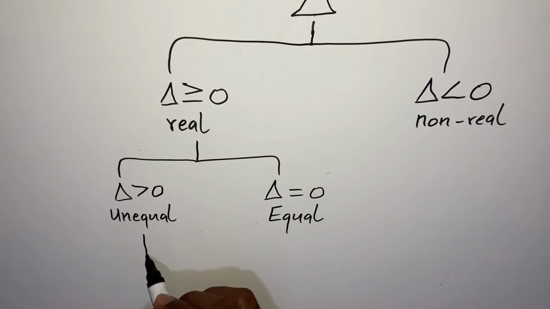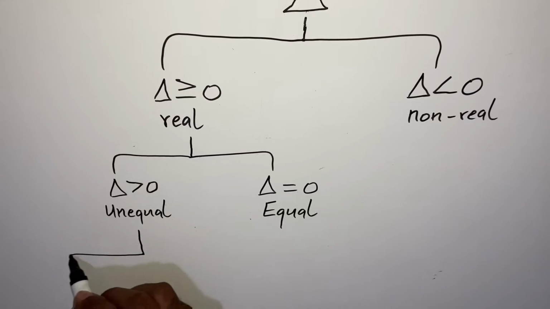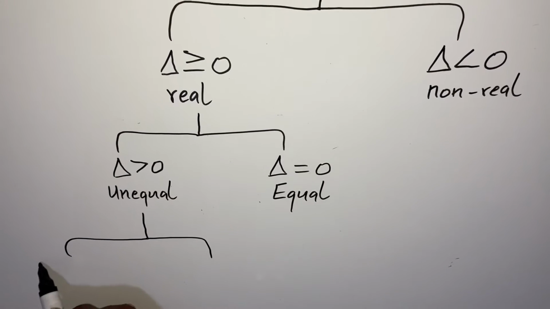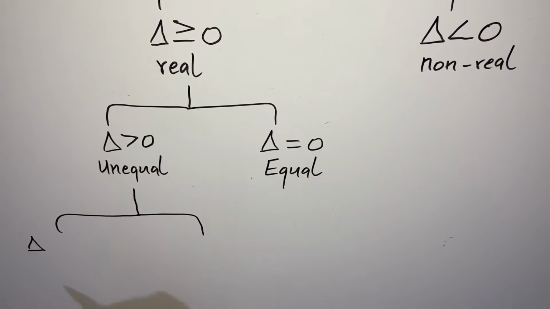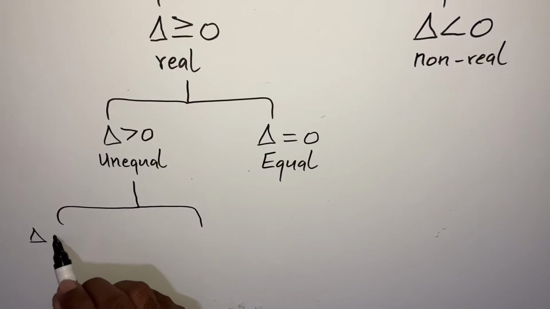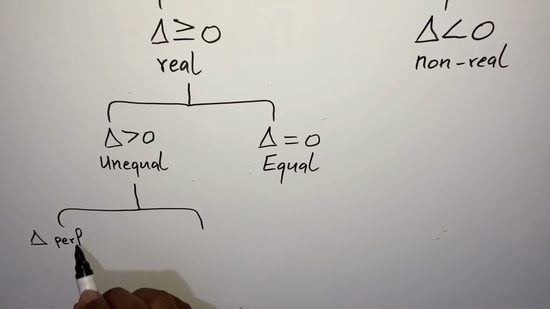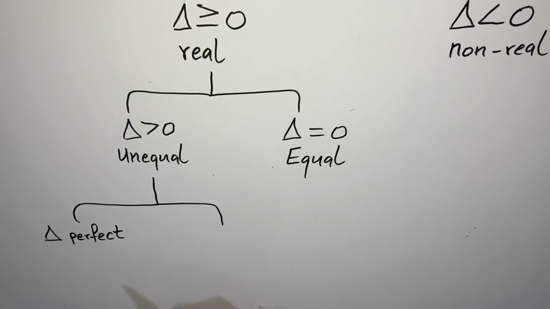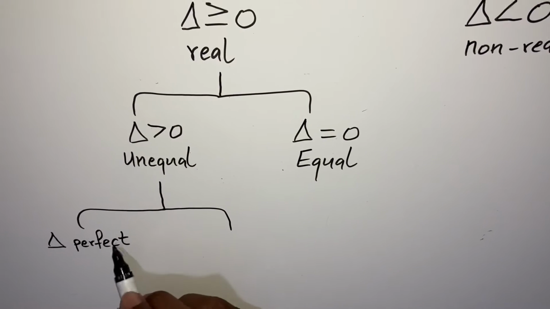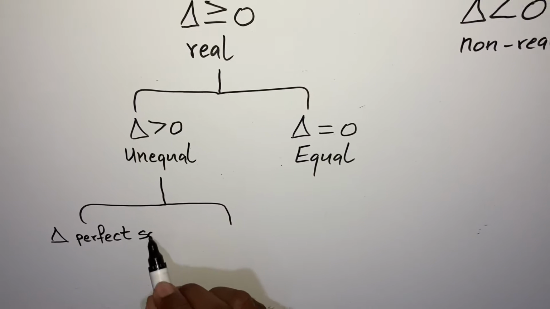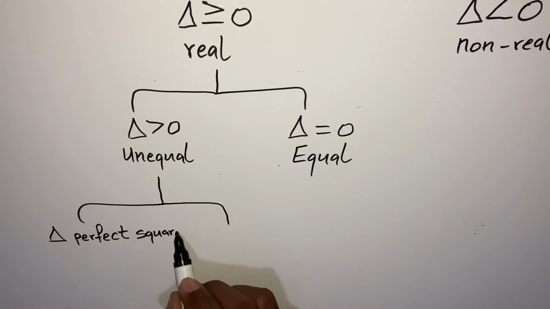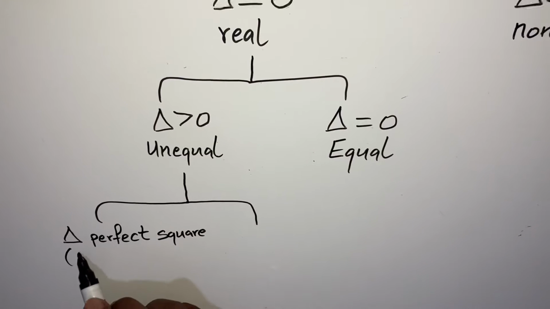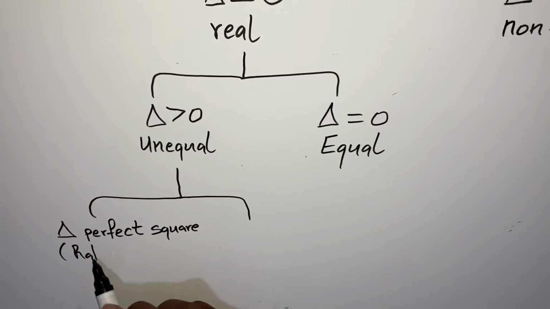It goes further to where we'll have our delta being a perfect square. If you remember, we are from sets where we discussed what a perfect square is. When your delta is a perfect square, you'll comment by saying your roots are rational.